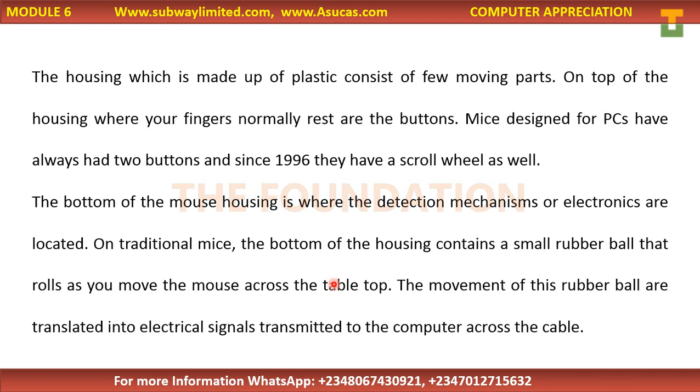The bottom of the mouse housing is where the detection mechanisms or electronics are located. On traditional mice, the bottom of the housing contains a small rubber ball that rolls as you move the mouse across the table. The movement of this rubber ball is translated into electrical signals to the computer across the cable.